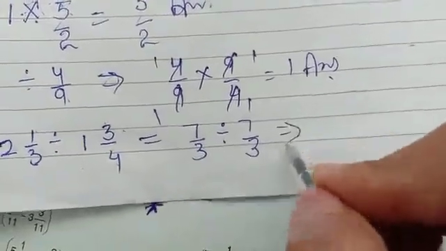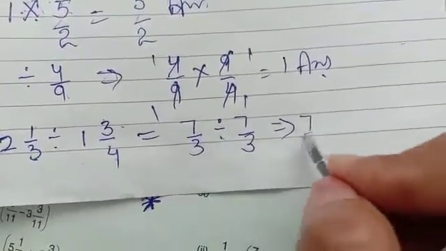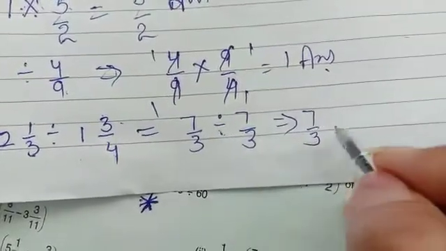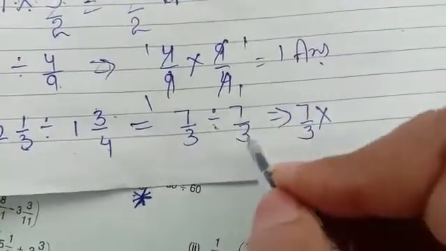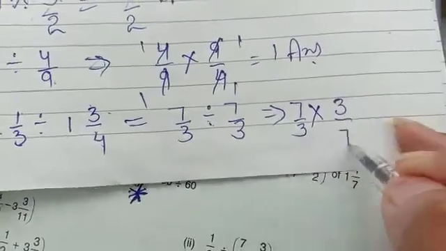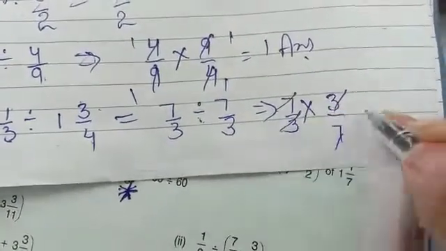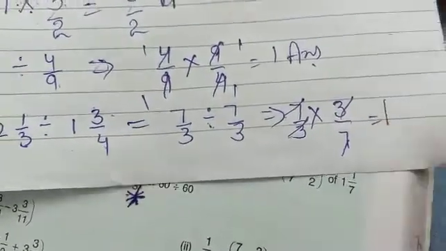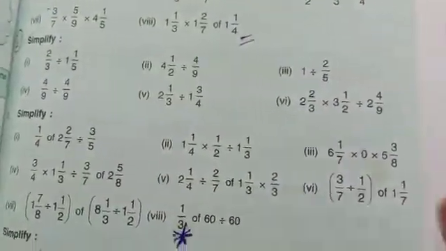Now change the sign of division into multiplication and take the reciprocal of this fraction. It becomes 1. I think you have learned how to do it, beta. Can you do the next sum?